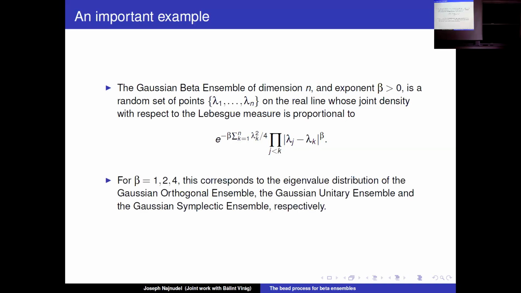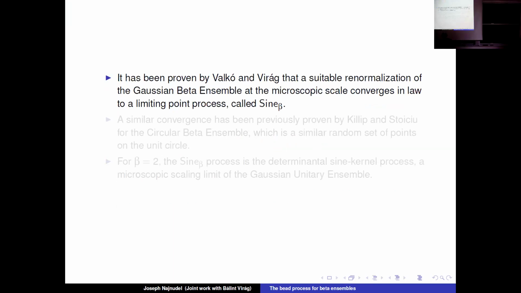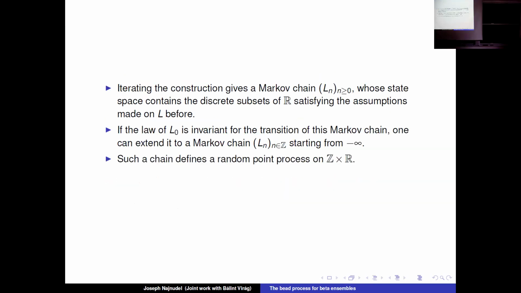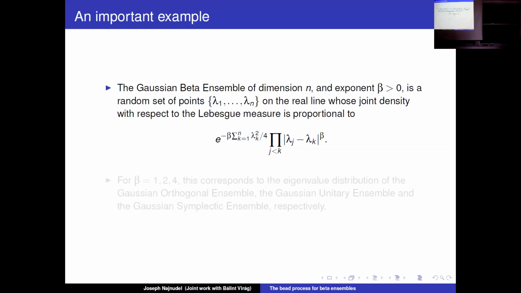So now I will give an example, and this is what will give the bead process for beta ensembles. This will be precisely an example of construction where this construction mentioned here works. So I recall what is a Gaussian beta ensemble of dimension n. There is an exponent beta, the parameter beta.